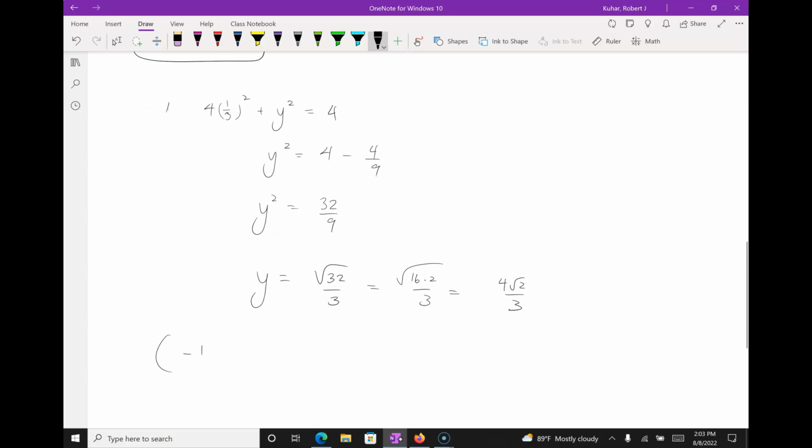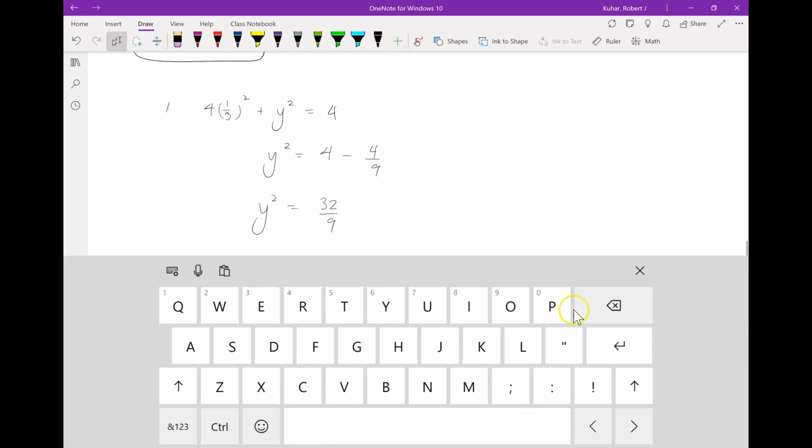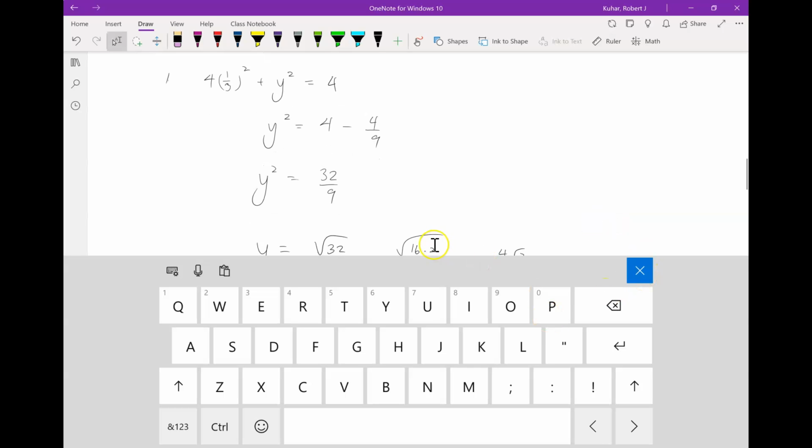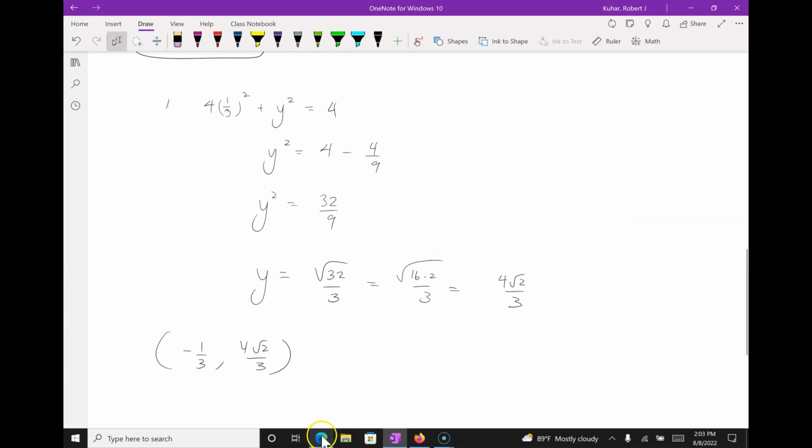So the point is negative 1/3, 4 square roots of 2 all over 3. Finding the max distance, right, from that point to the curve.